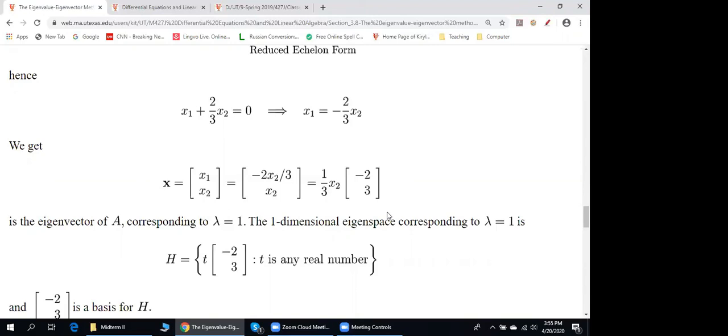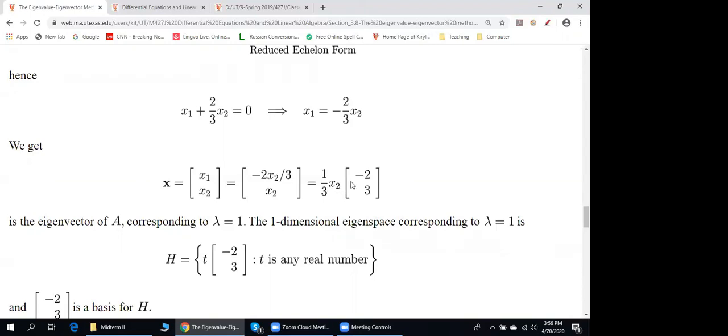Remember, going back to differential equations, if we have, say, c1 times e to the t or 2c1 times e to the t, this is the same set of functions because c is any constant. Same is here. Since x2 is any constant, it does not make any difference.